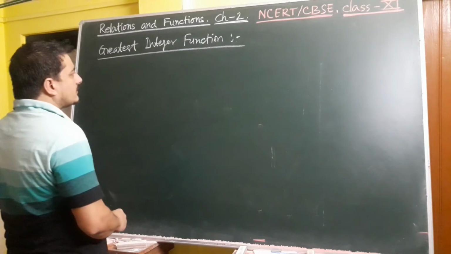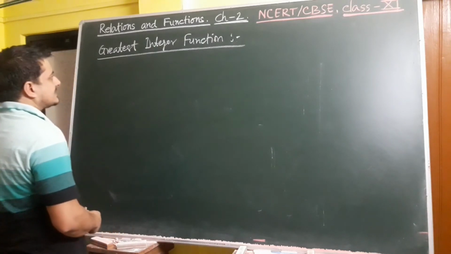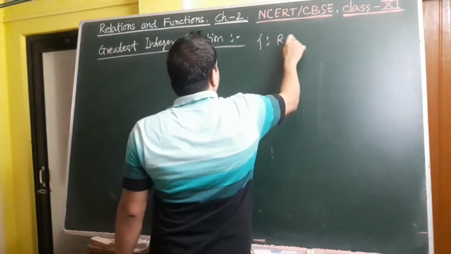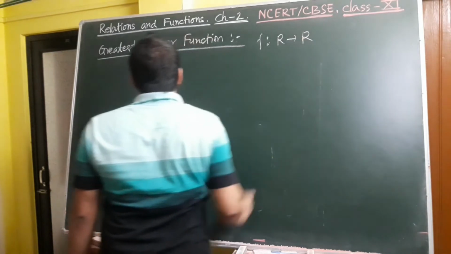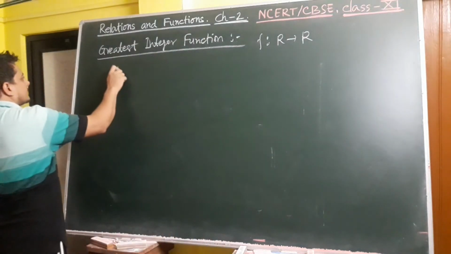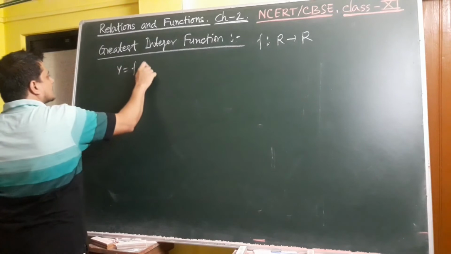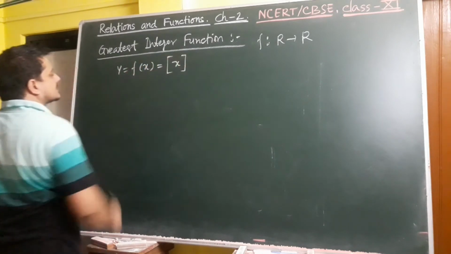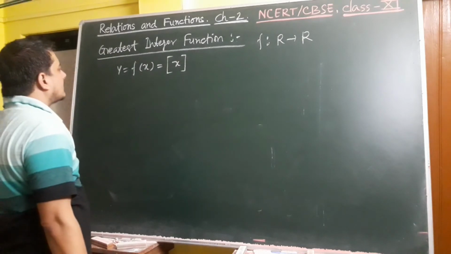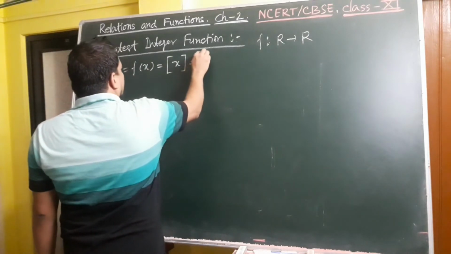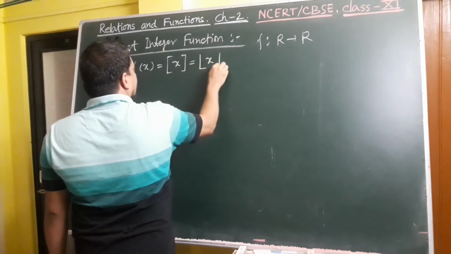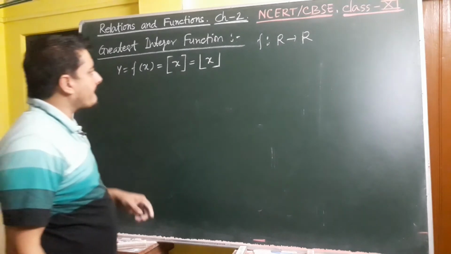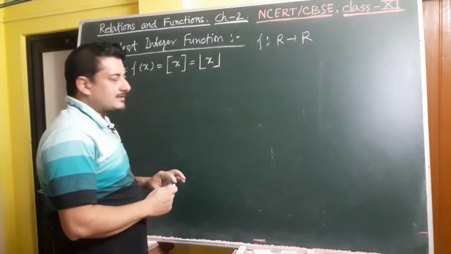Now, how do you write the greatest integer function? Any function from R to R is written in the form y is equal to f of x is equal to like this, or it is also written like this. So this is nothing but GIF function, written in the form like this.